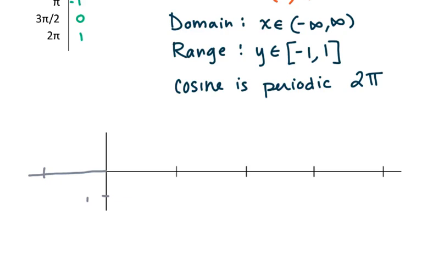Again, we can have it bounded between 1 and -1, and then repeating every 2 pi. So 2 pi, 4 pi, 6 pi, 8 pi forever along our x-axis. We can even go in the negative direction, such as -2 pi. So one graph of cosine looks like this, and it would repeat itself.